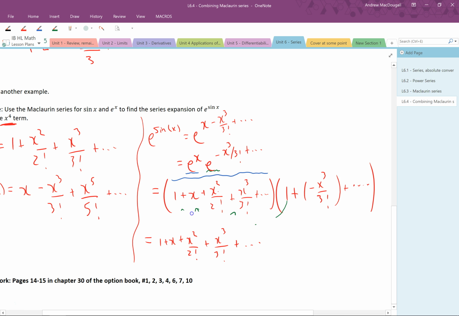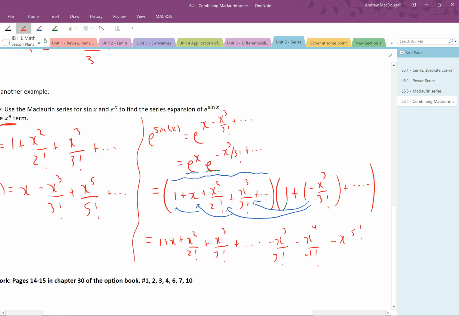We have like an infinity of infinity terms here because for each of the infinite terms on the left, we can distribute across one of the terms on the right. This guy can also distribute around. So this would be plus negative x cubed over 3 factorial and minus x to the 4 over 4 factorial and minus x to the 5.